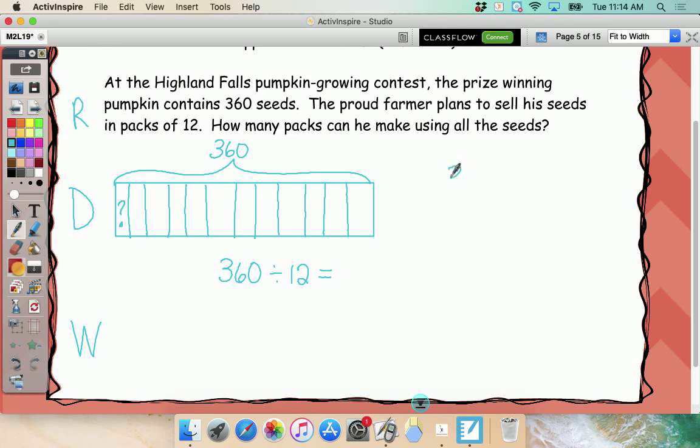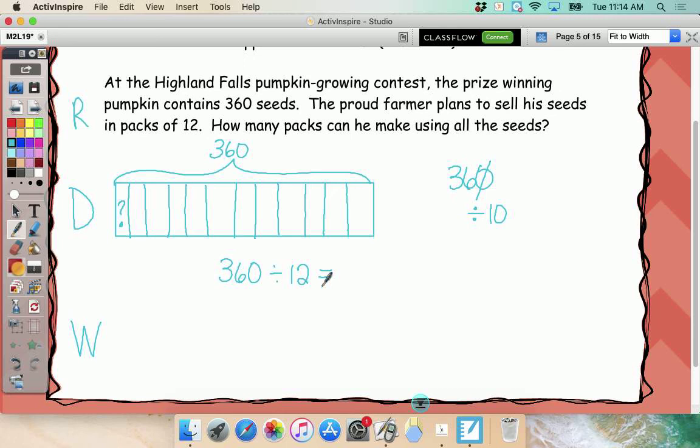So if I do 360 and I take off a 0, what am I really doing? I'm dividing by 10. That's how I get rid of the 0, right? I divide by 10. So Kevin says, take this off, divide by 10 is how you take it off, then do the division, then put it back on.